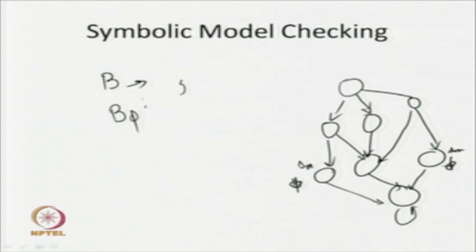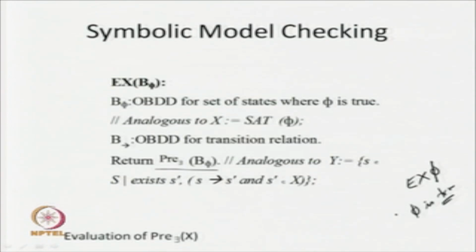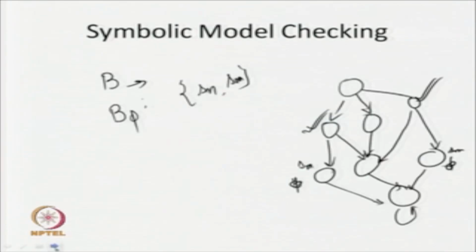So B phi is nothing but a BDD representation of S n and S m. Now we look for all the predecessor states. If we calculate the predecessor, these two states will come as per this evaluation, pre-exists of B phi, and these are the states where EX phi is true. We give the input B phi and B transition, and from that we evaluate the predecessor states. Pre-exists B phi gives me the set of states where EX phi is true.